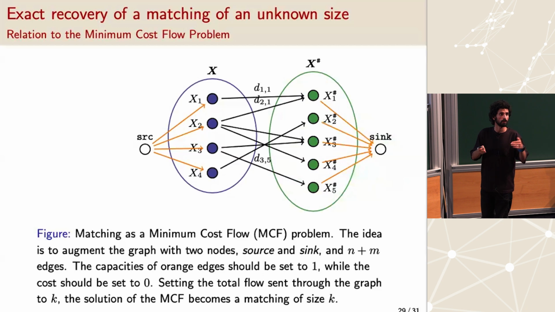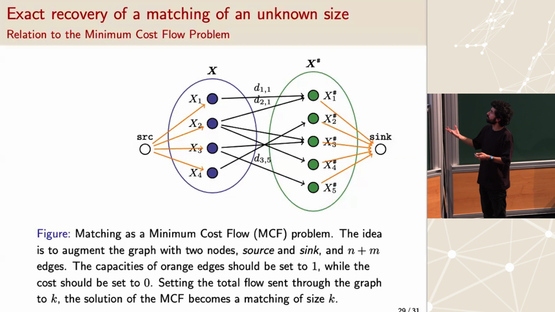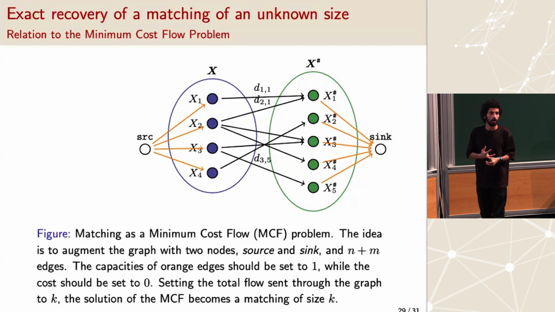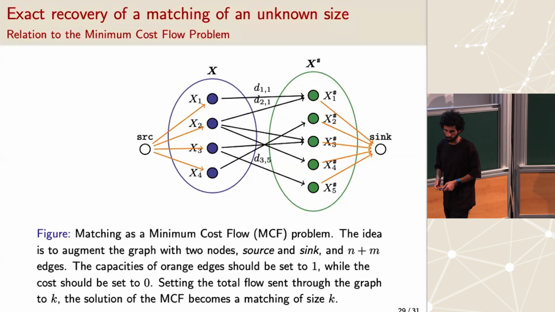If it solves, it will find the minimum cost way for this flow to pass through the x's and x primes.